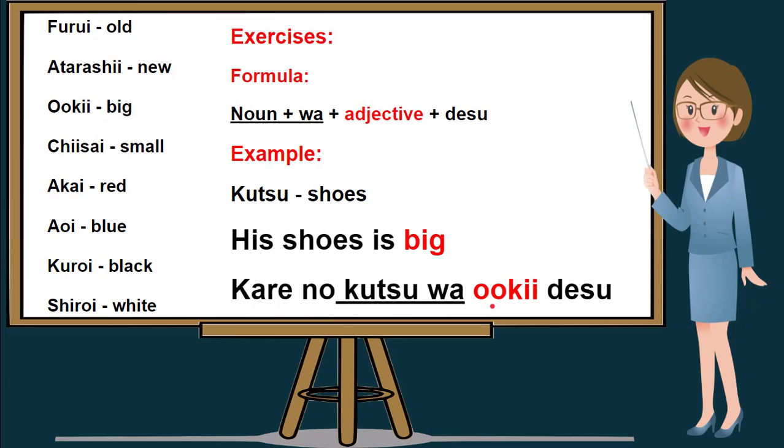And oki means big plus the last is desu. Kare no kutsu wa oki desu in English is, his shoes is big. Let's read this once again. Kare no kutsu wa oki desu. In English, his shoes is big.